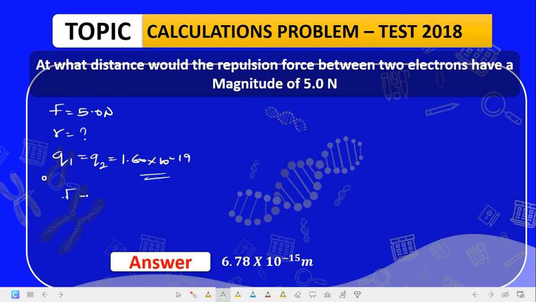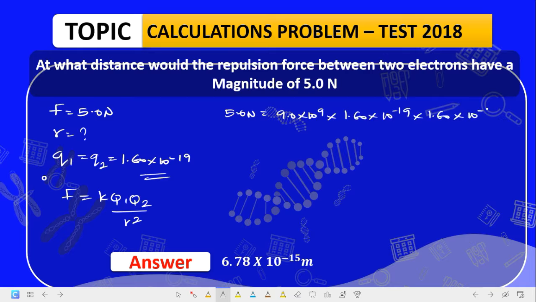So this becomes F equals K Q1 Q2 all over r squared, which is 5.0 Newton equals 9.0 times 10 raised to the power of 9 times Q1, which is 1.60 times 10 raised to the power of minus 19, times Q2, 1.60 times 10 raised to the power of minus 19, divided by r squared, which is the distance of separation we are looking for.